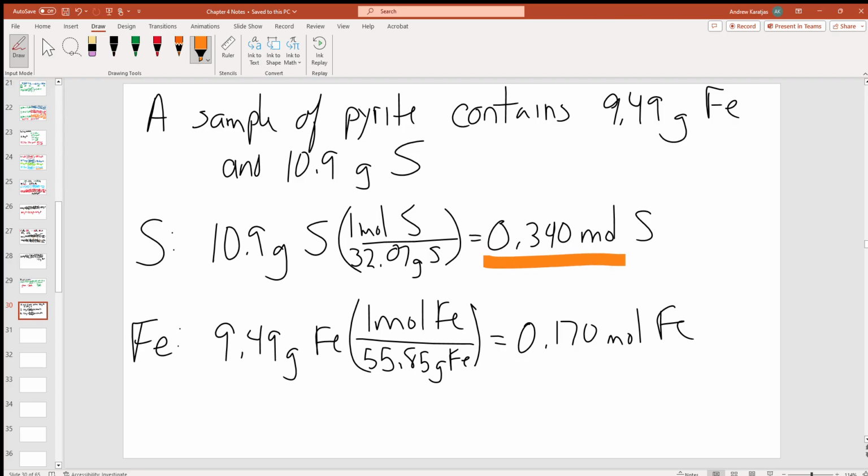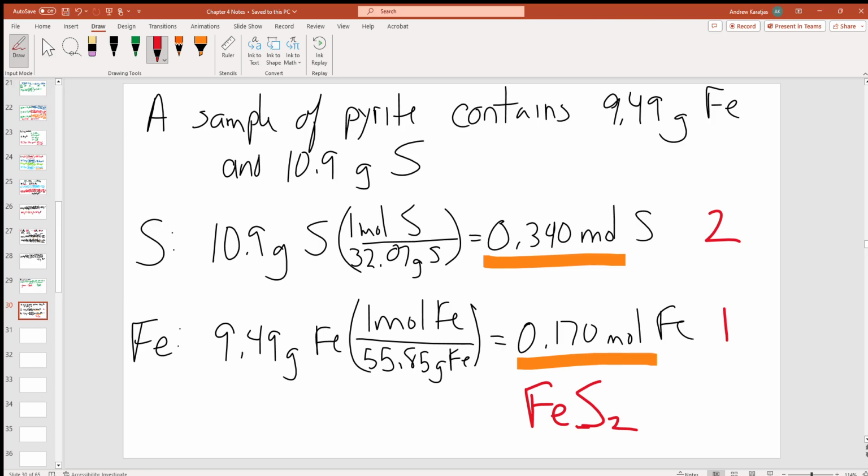Now, if we compare these two values, we can see there's basically 2 moles of sulfur for every 1 mole of iron. So what would be our empirical formula? 1 iron and 2 sulfur.